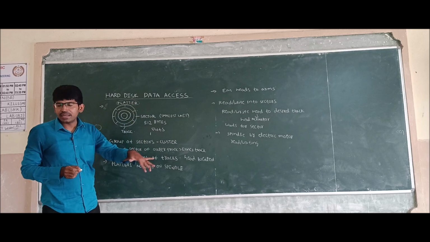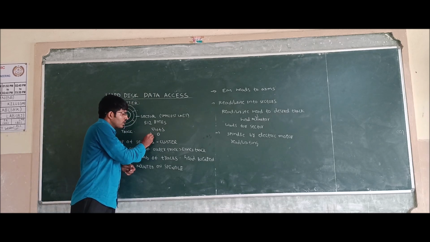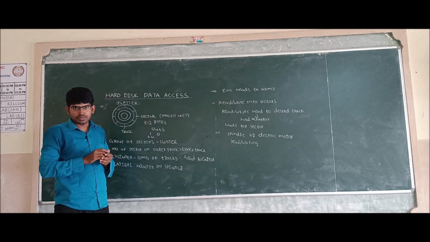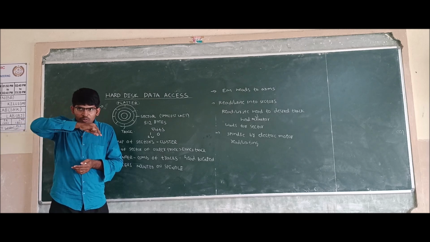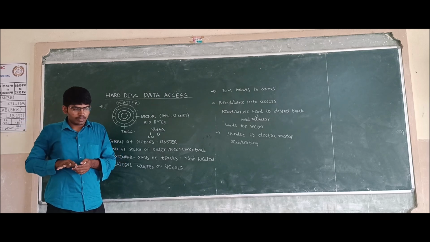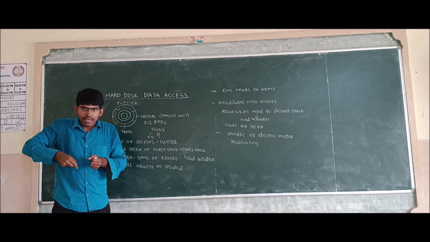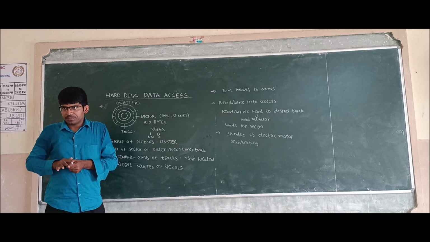But this is magnetic information. So if we are storing 1, we are storing it like south, north. If this is a clockwise magnetic flux line, then 0 we are storing as an anti-clockwise magnetic flux line.